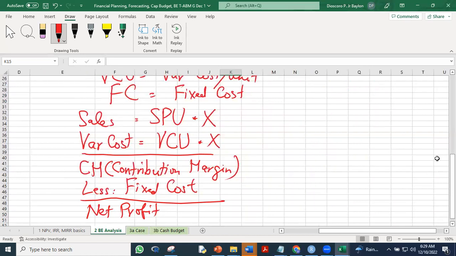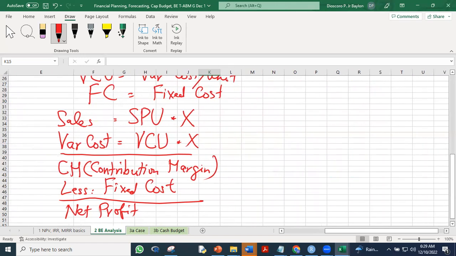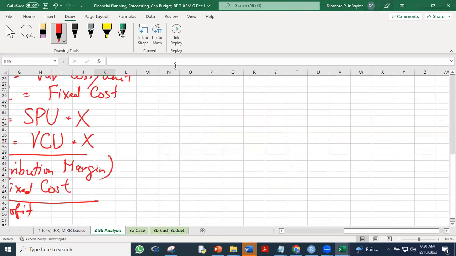So in general, this equation will be reduced to, so let's perform this equation. Let's write it down. So our sales is your SPU multiplied by X. Then we subtract the variable cost.